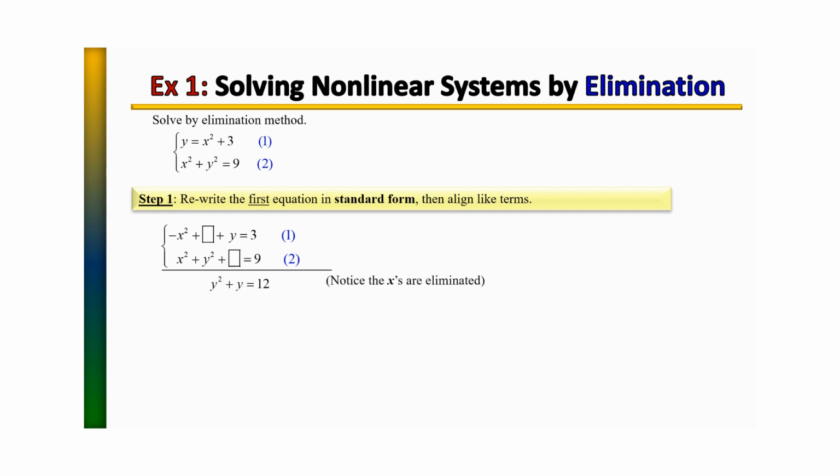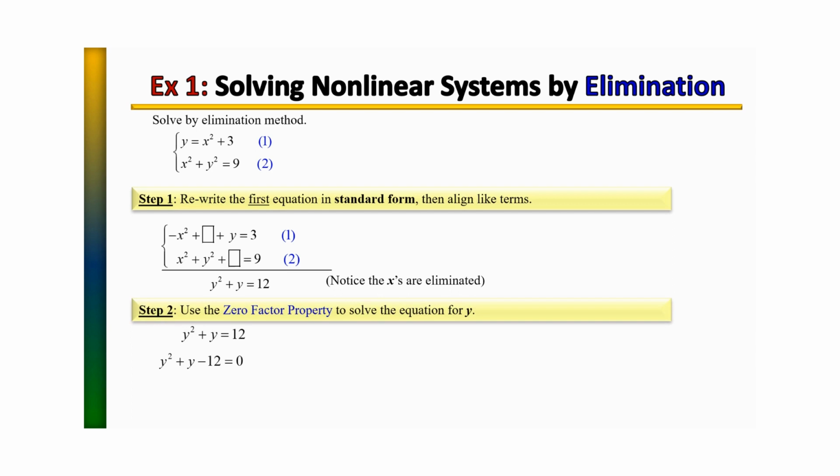Now, our whole goal in these equations is to solve for some variable. In this case, we're going to be solving for y. So let's use the zero factor property by getting everybody on the left side and 0 on the right. That means I would need to subtract 12 from each side.